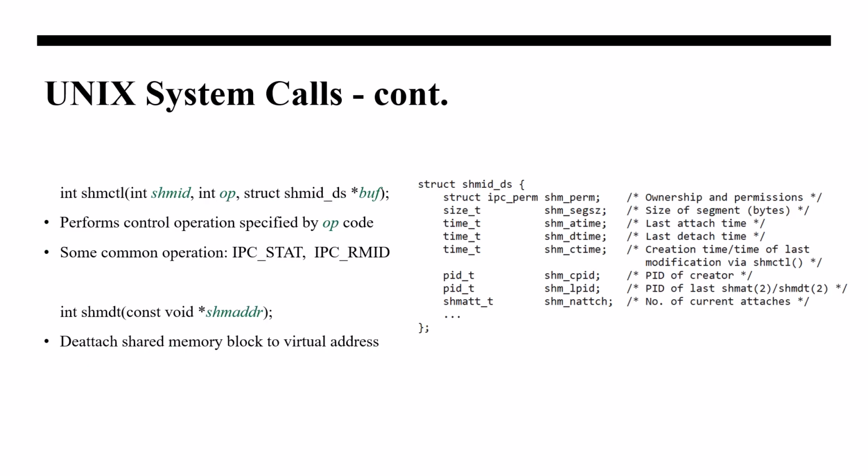So the shared memory control function is the one where you can perform different operations depending on this opcode. Some commonly used opcodes are like IPC_STAT. If you use IPC_STAT, this function will return the data structure created by the get function to the buffer you provide here.